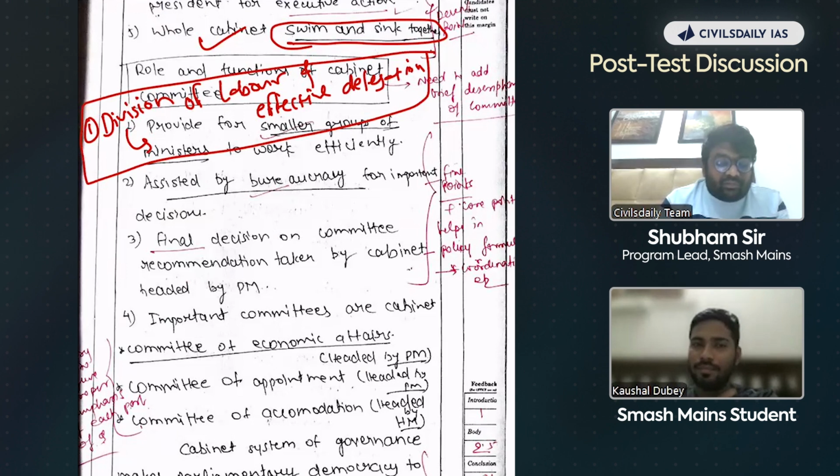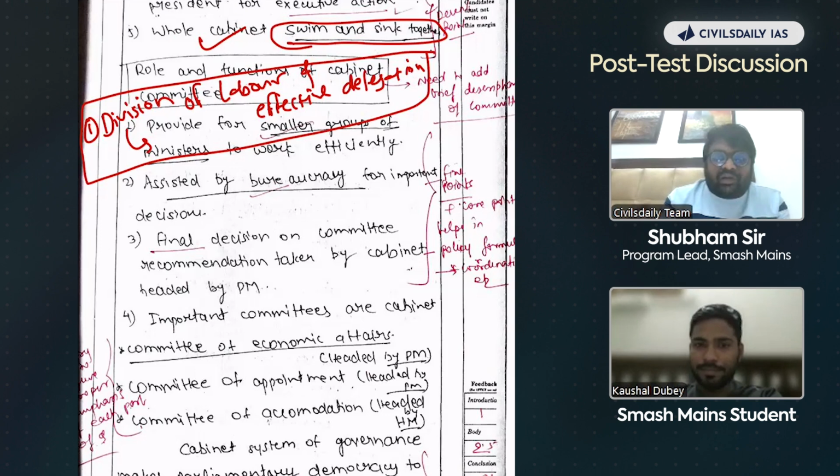Come on, yaar, your optional is PSIR, right? Polity words should come in your answers. Because your optional is PSIR, you should target 125 plus in GS Paper 2. You are already getting better marks than the others in the IR section, right? So in 50 marks you already get an edge. In polity also you should get good marks.